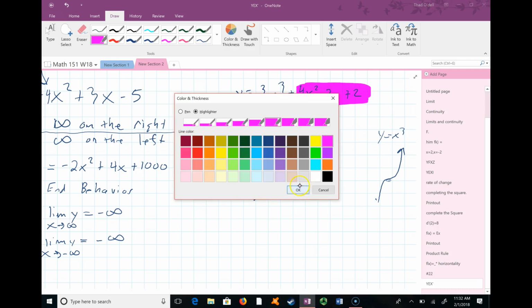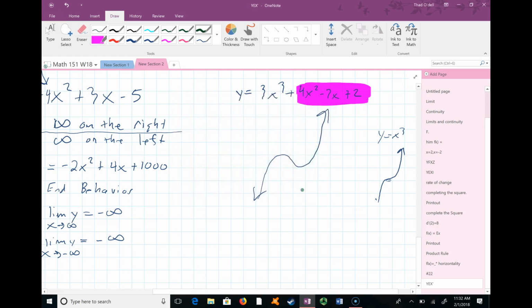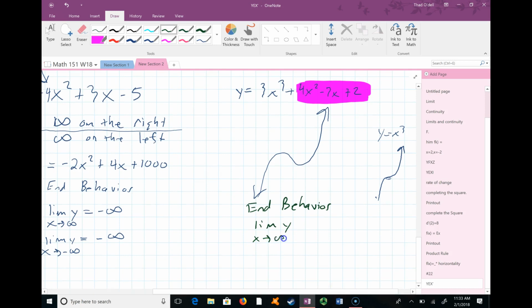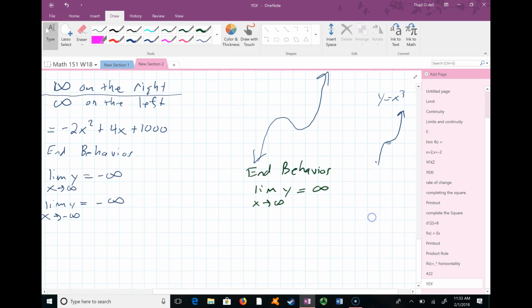So this function is still going to have an end behavior of, let's see, the limit of y in this case as x approaches infinity is infinity, and the limit of y as x approaches negative infinity, so that'd be out to the left, would be negative infinity. It's going up on the right, going down on the left.